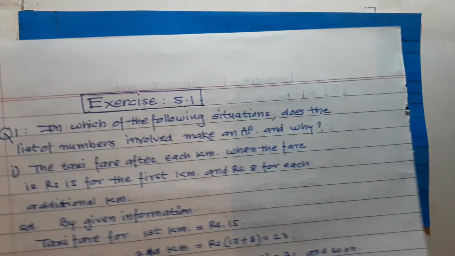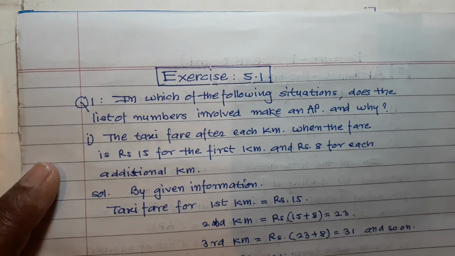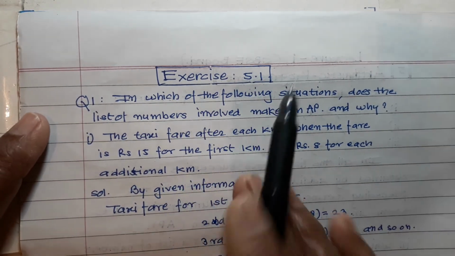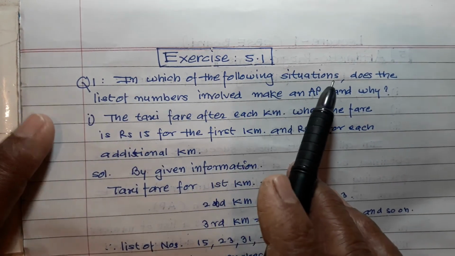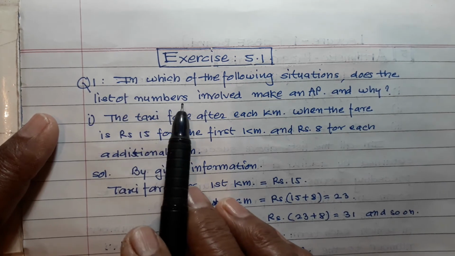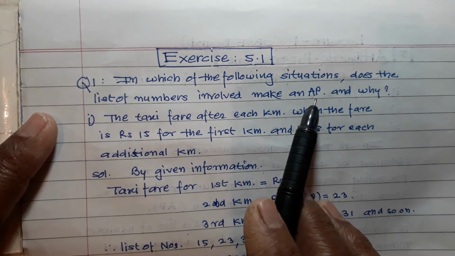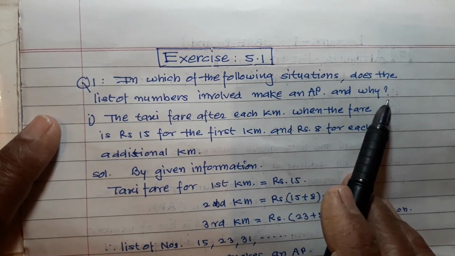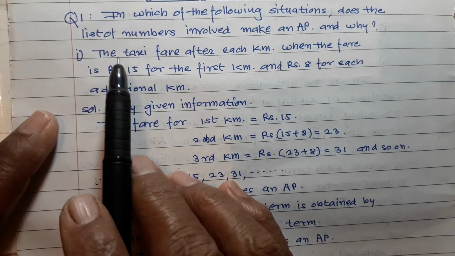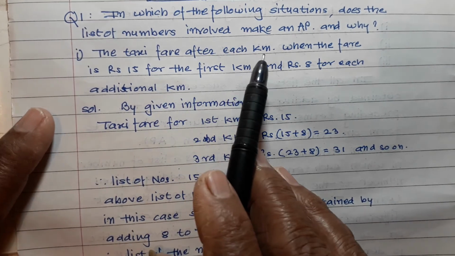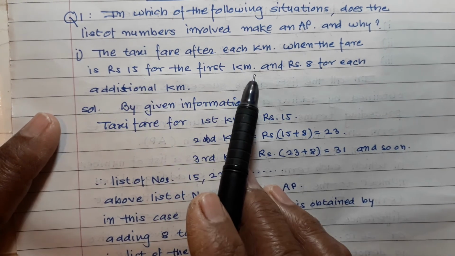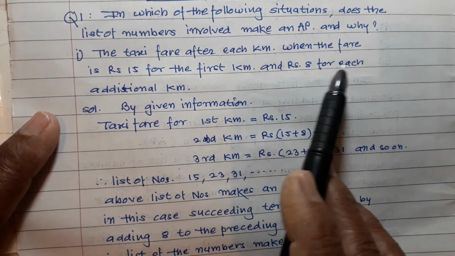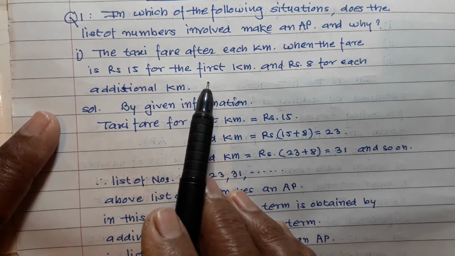Okay, now we'll try to solve some examples. Exercise 5.1, question number 1. In which of the following situations does the list of numbers involved make an AP, and why? Question 1: the taxi fare after each kilometer, when the fare is rupees 15 for the first kilometer and rupees 8 for each additional kilometer.